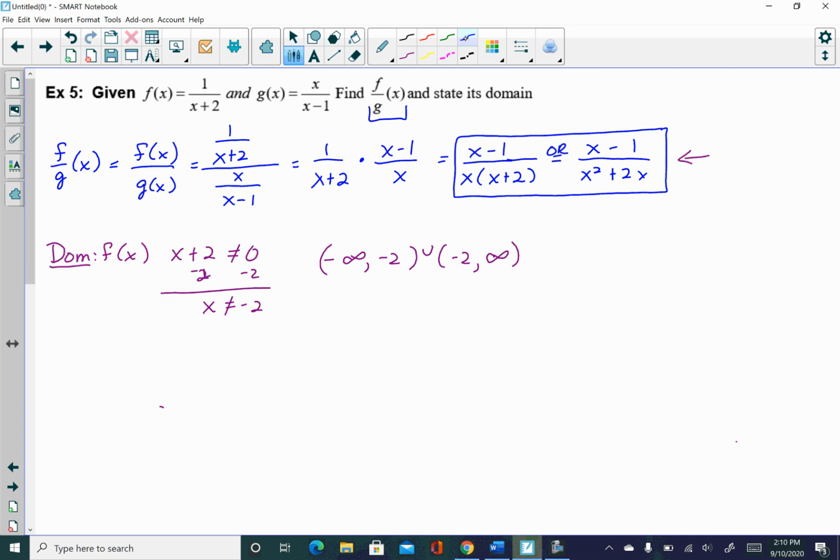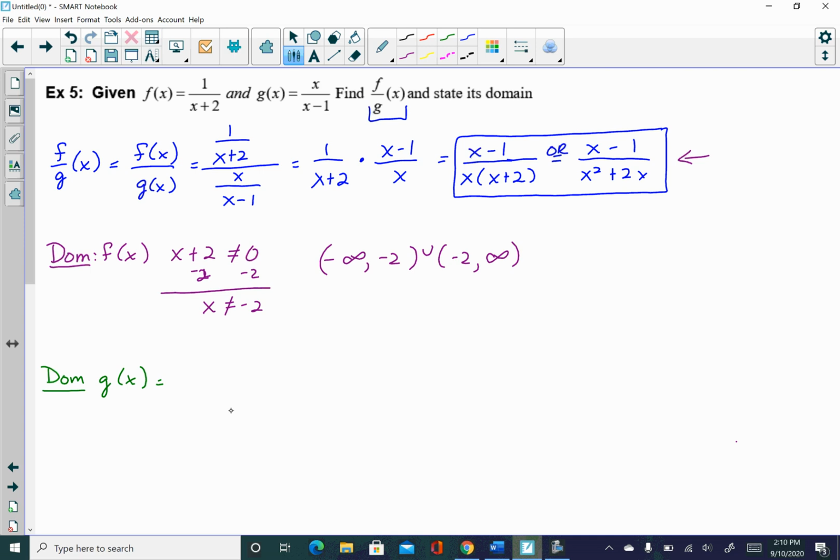All right, let's look at the domain of g. I have my g of x function, x over x minus 1. Oh, wait a minute. No, sorry. Goodness gracious. Domain of g of x.